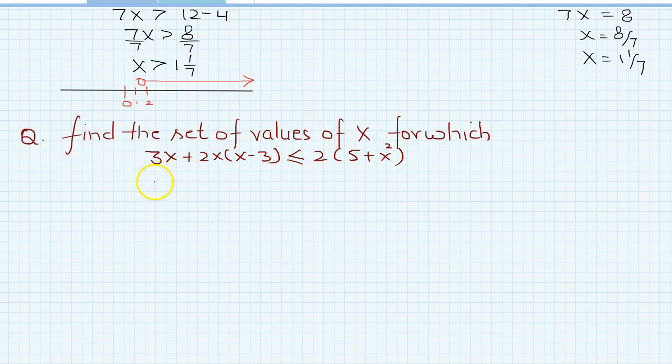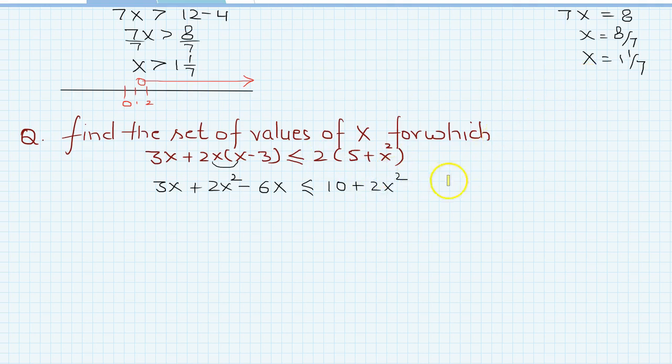So we have 3x plus 2x multiplied by x is 2x squared, minus 2 times 3 is 6x. So this is the multiplication, less than or equal to 2 multiplied by 5 is 10, plus 2 multiplied by x squared is 2x squared.